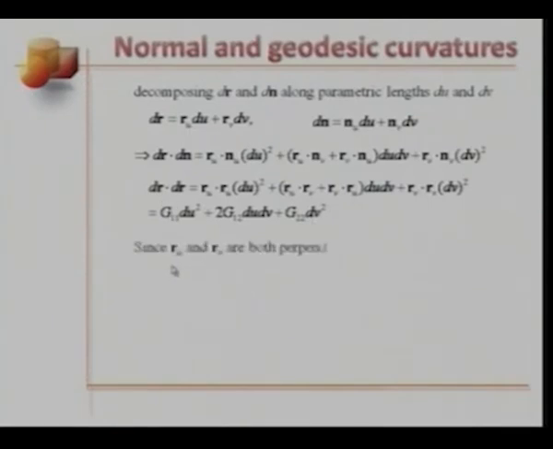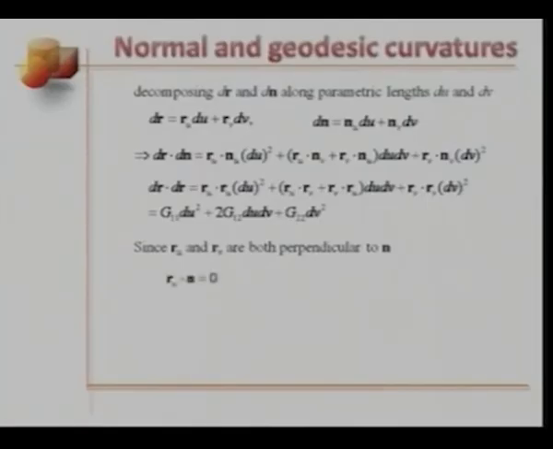Now we can use the fact that both the tangents ru and rv at a point on the surface are perpendicular to the normal to the surface at that point.